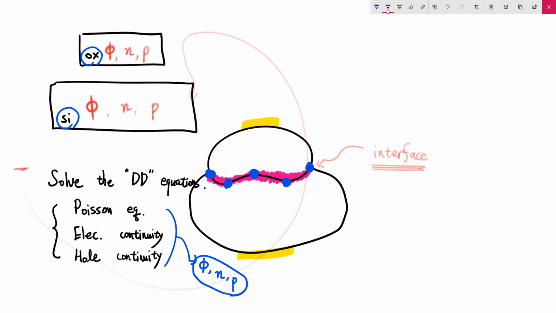Silicon is a semiconductor, and oxide can of course also be regarded as a semiconductor material which has a very wide band gap. However, usually we treat it as just a perfect insulator.